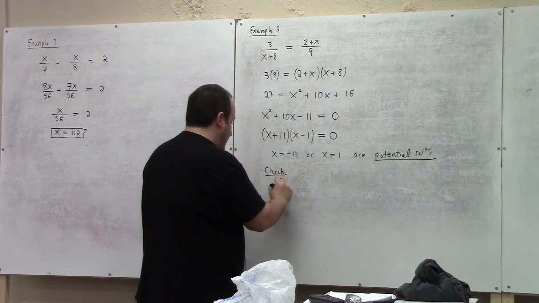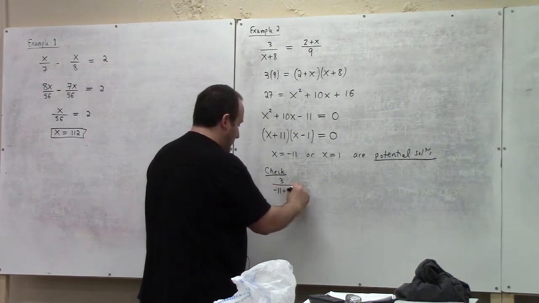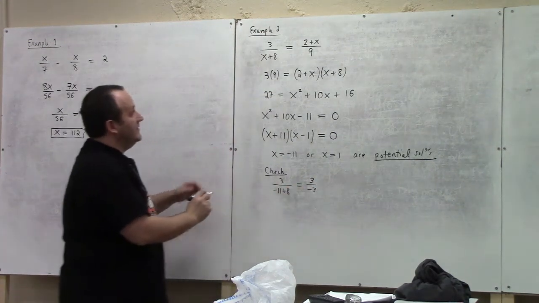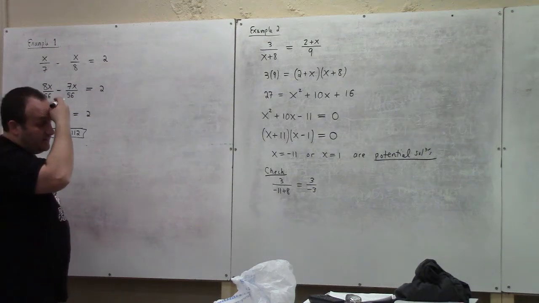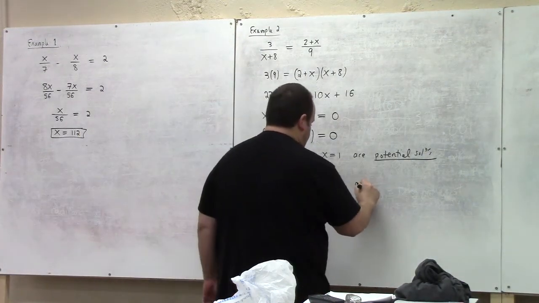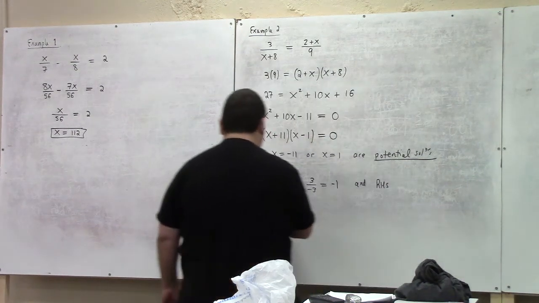So we've got 3 over minus 11 plus 8. What's that equal to? 3 over minus 3, right? So that's equal to minus 1. And how about the right-hand side? This is the left-hand side, right?